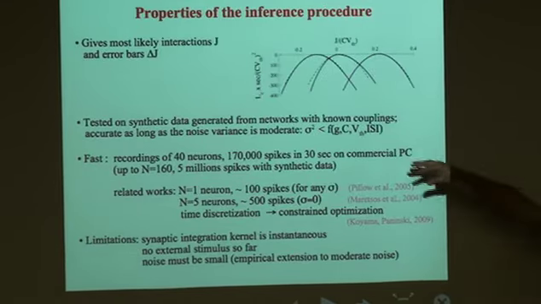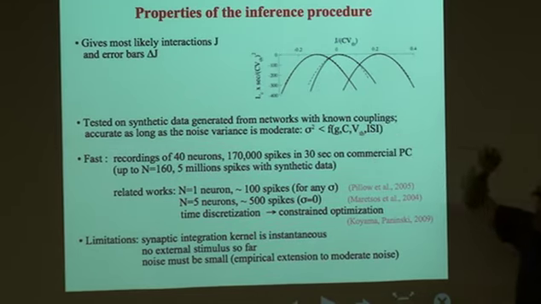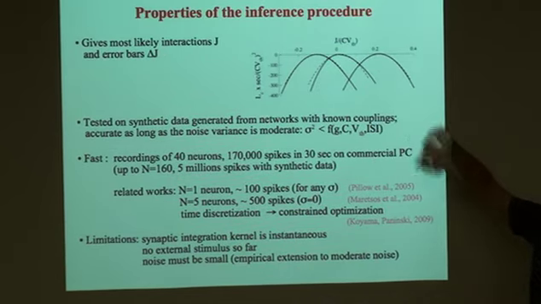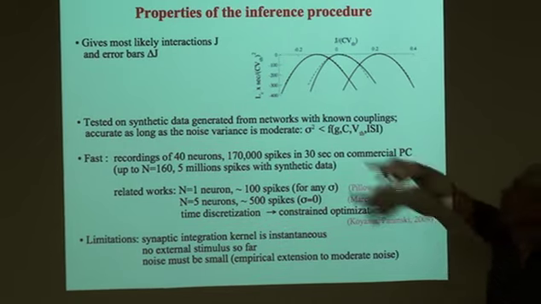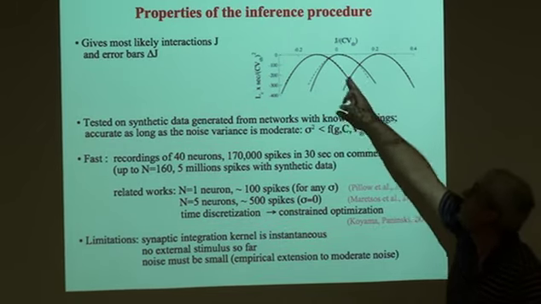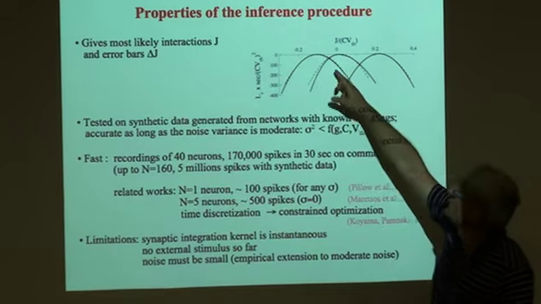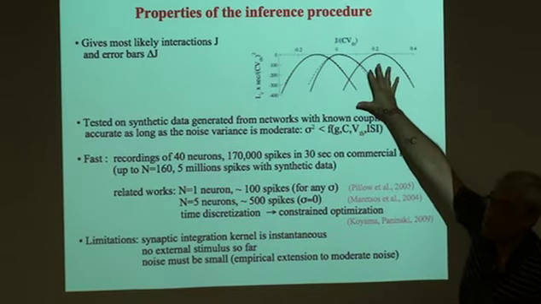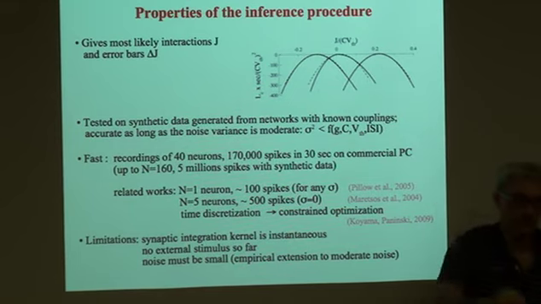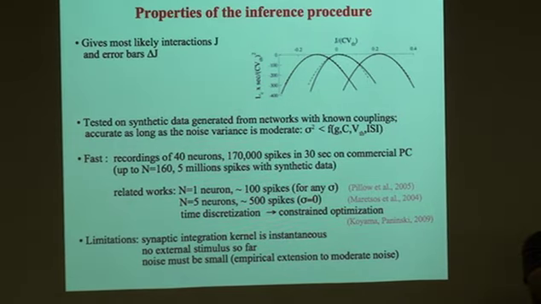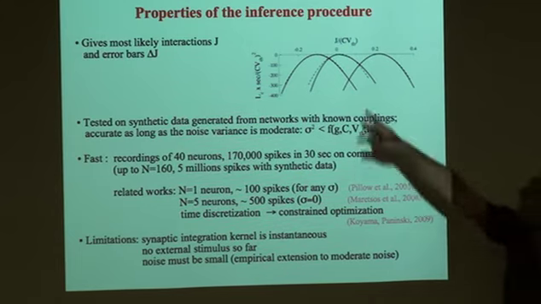Okay, so what can we do with this kind of thing? You get optimal values for the interactions. Typically, once you have solved this optimization problem, you get the value of the interaction. These are coming from the analysis of 40 different cells. I consider one cell, cell number 1, and the interaction coming from 3 other cells.